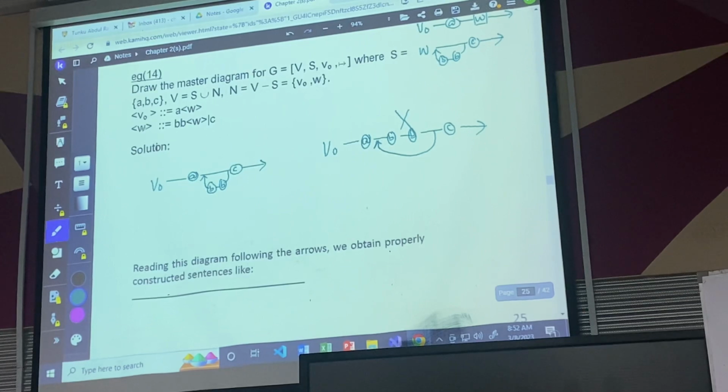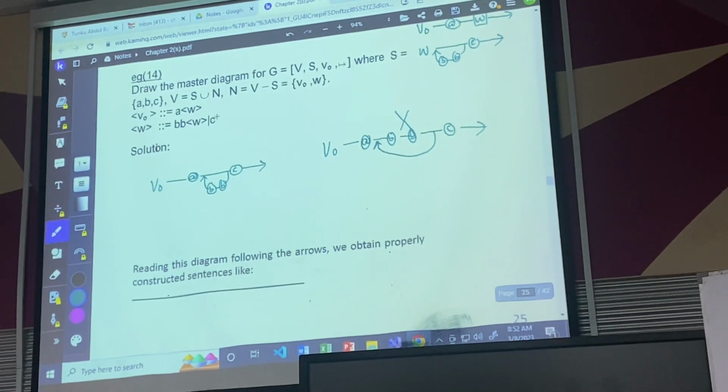So you only need to go through either BB or C. This B is a loop, so you must put it under the line. Either you go to BB or not, it doesn't matter. If you go to the loop, then you just go down, go to BB. If you don't go, then you can go straight away after the W. You need to know the position of W is after the A, because we don't draw it out.